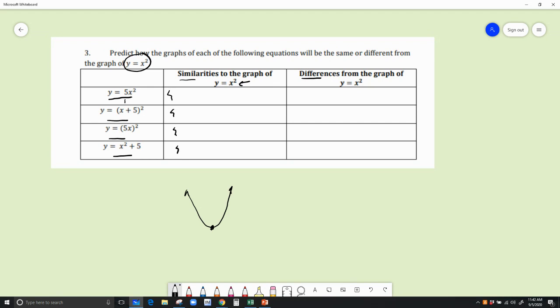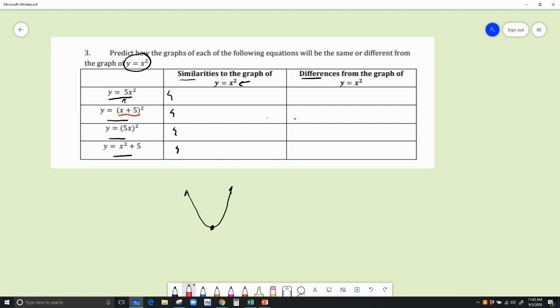What do I think multiplying it by 5 is going to do? How do I think it's going to be the same? And how do I think it's going to be different? And then the next equation: what do I think adding 5 to the side length and then squaring it is going to do? How do I think that's going to change the graph? What's going to be similar and what's going to be different?